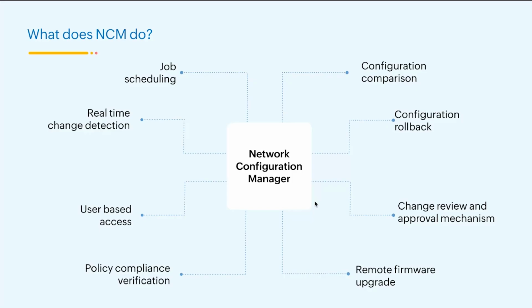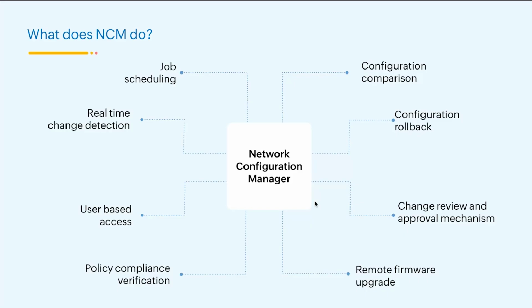Next is configuration comparison. It makes it easy to check differences between two configurations, whether files from different devices or different versions of the same device, by showing them side by side with color-coded highlights. Then with real-time change detection, you get instant alerts whenever someone changes a configuration, so you can quickly spot unauthorized changes and fix issues faster.